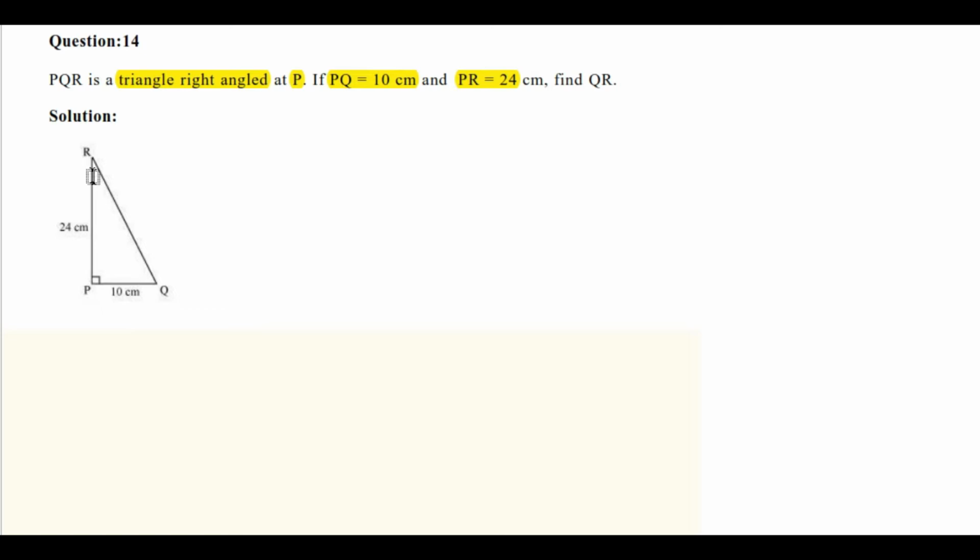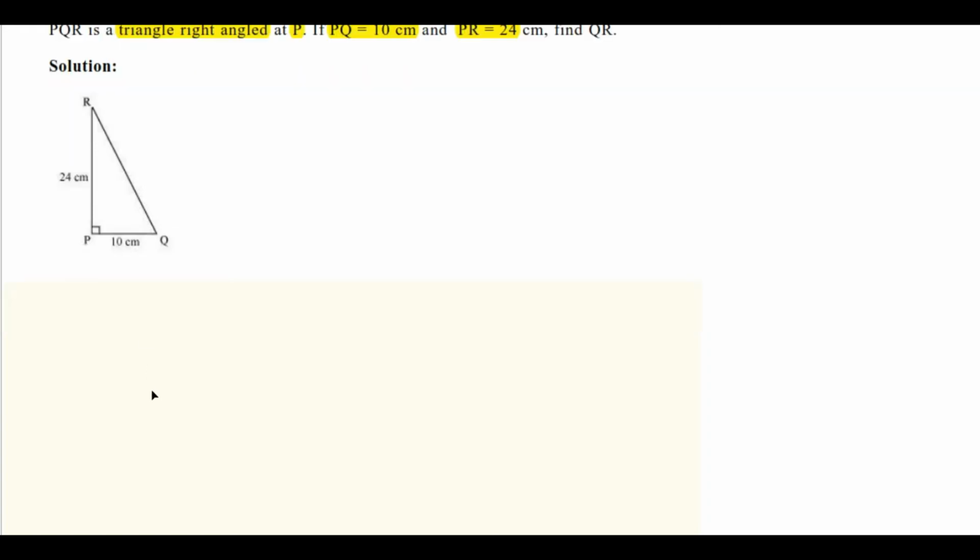This line QR, which is also the longest side in this triangle, is known as hypotenuse. So we are going to solve this question with one theorem, which is known as Pythagoras theorem, which states that the square of the hypotenuse is equal to the sum of the square of the perpendicular and the square of the base.